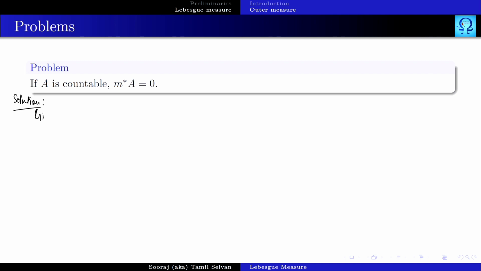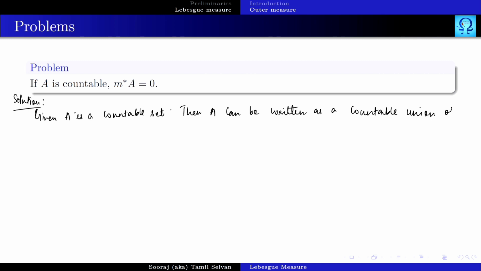So given A is a countable set, then A can be written as a countable union of singletons A_n.